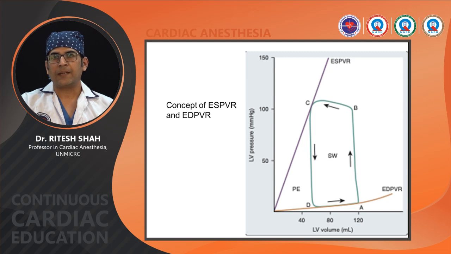These two lines may change, but the loop always stays within the constraints of the ESPVR and EDPVR lines. The diastolic pressure volume relationship reflects preload, ventricular compliance and lusitropic condition of the left ventricle, while ESPVR, the systolic pressure volume relationship, reflects the contractility of the heart.